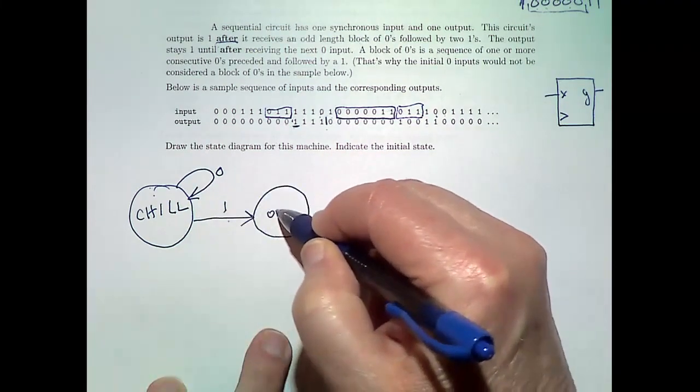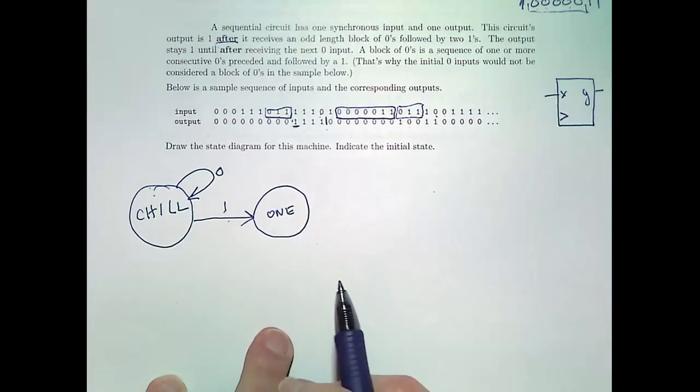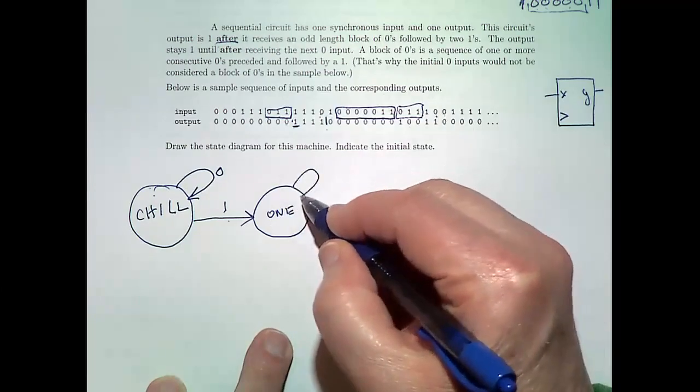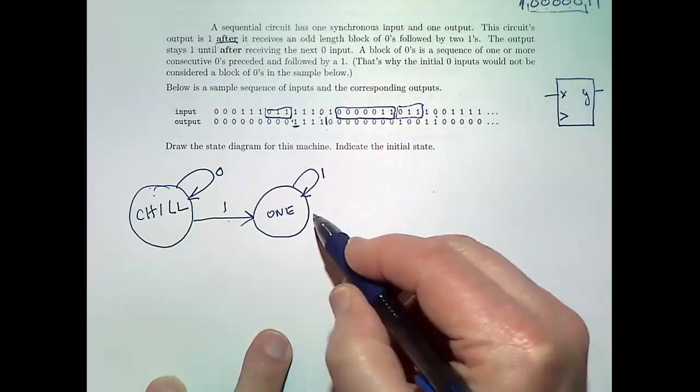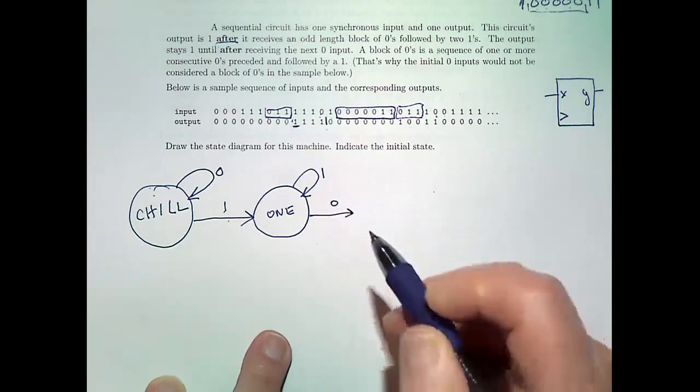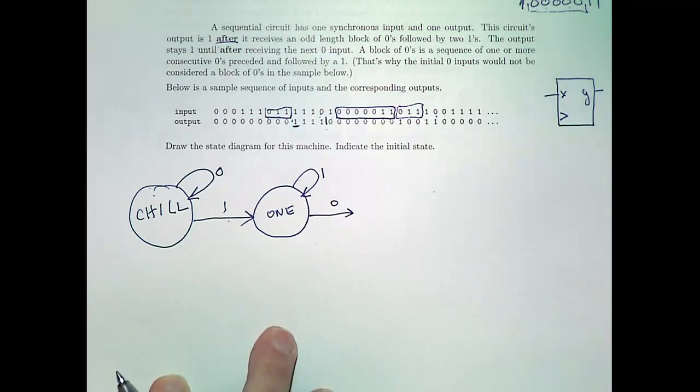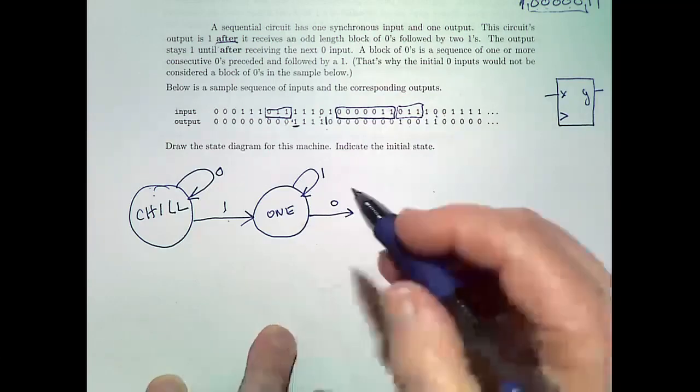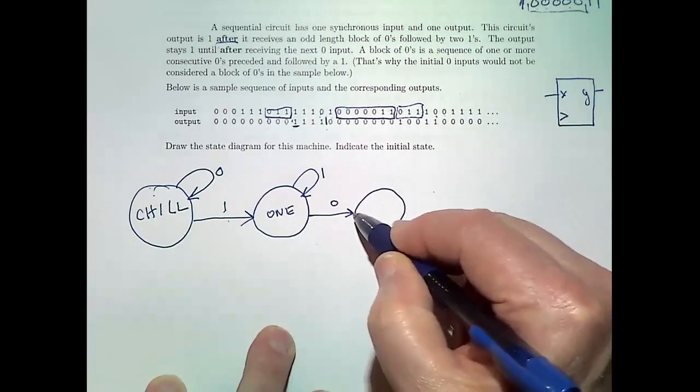1, okay. So we stay here when we don't have a 0, and you want me to go somewhere when I get a 0. Okay, I got a 0, okay. A state named odd. Okay.